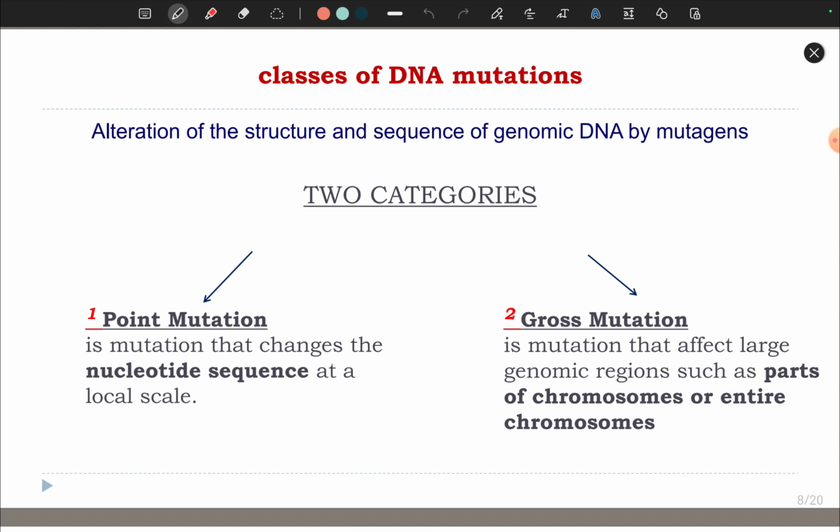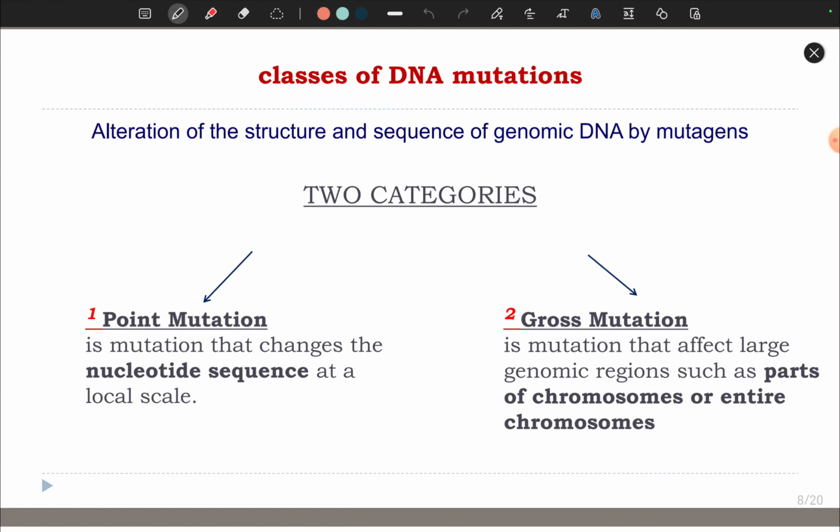You can have mutation at the DNA level, single nucleotide changes in the nucleotide sequence, or sometimes even more than a single base pair. That's point mutation. And based on that, we have silent, missense, nonsense, and sometimes insertion and deletion, which cause frameshift. Gross mutation is chromosomal mutation, mutation affecting larger portions of chromosomes.